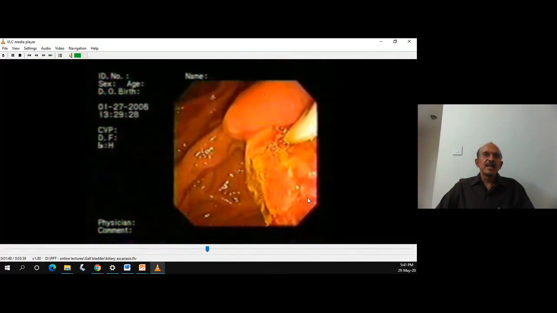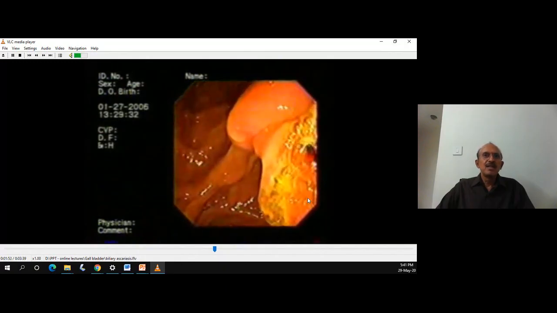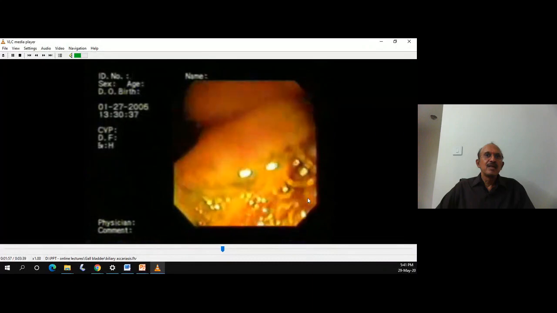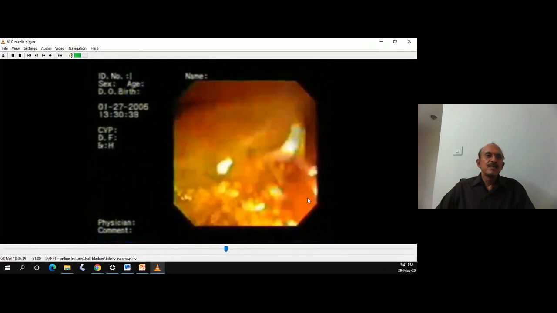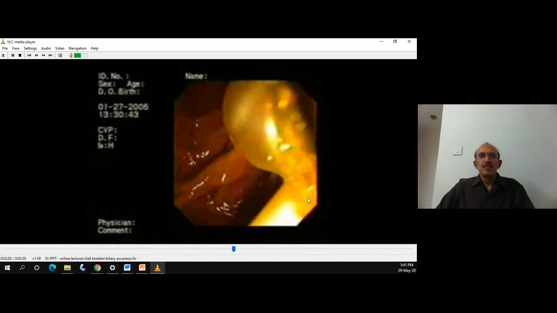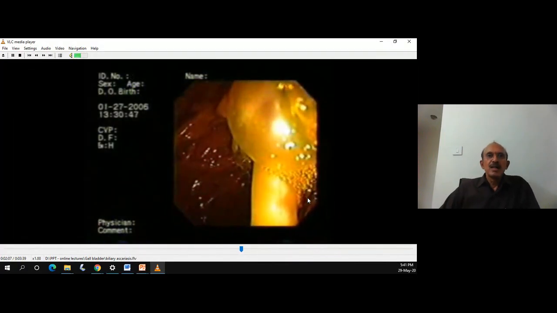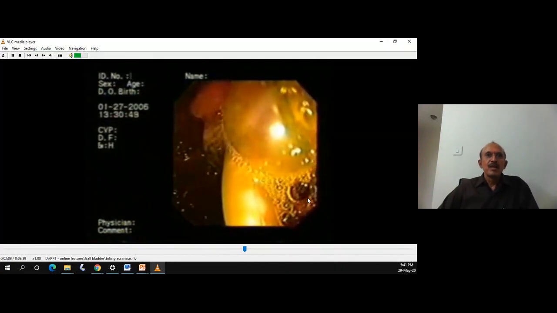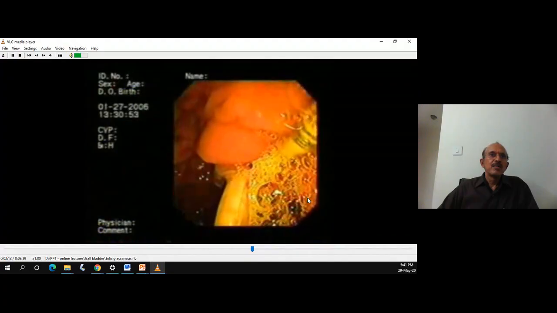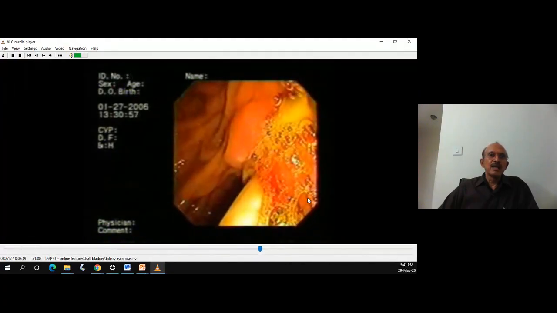Now again the basket is sent inside into the duct. So it is successfully caught there.